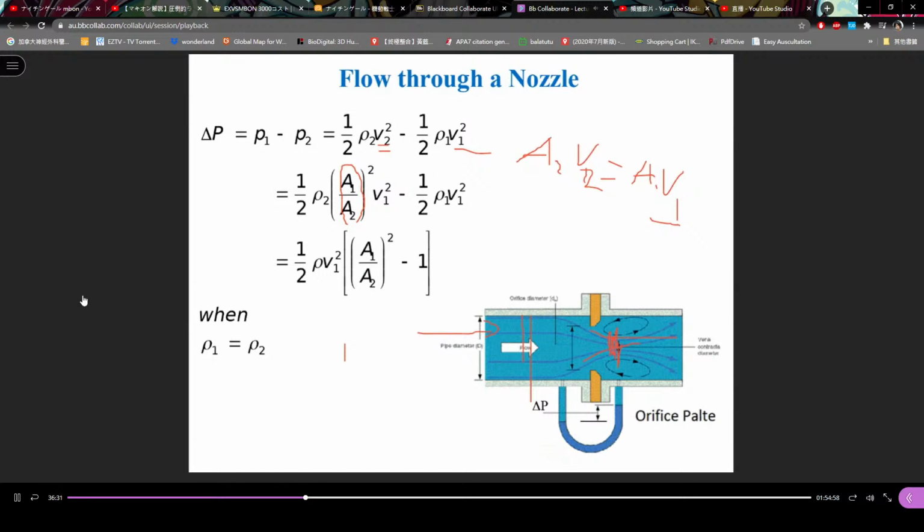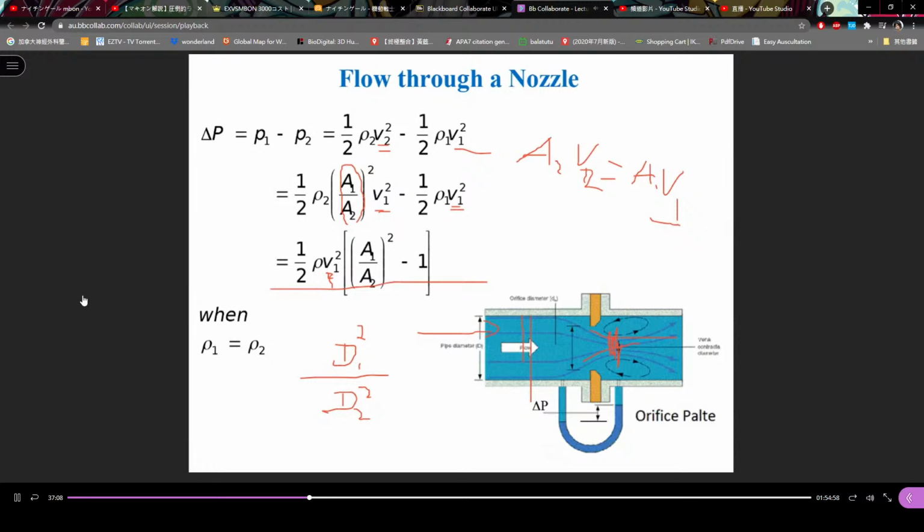Diameter squared ratio. The diameter of the two squared, because the area is equal to pi d squared divided by 4. Same. So we can use the area ratio to represent velocity ratio and times V1 squared. And V1 squared is the same. And we can derive the equation like this.